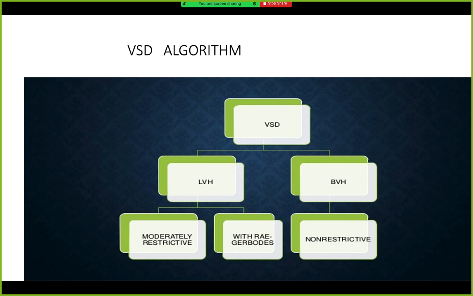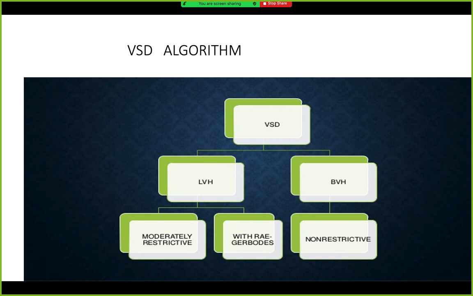Similarly, if you are able to notice, as I had said, in the non-restrictive VSD, simple, think it like that. Why is it non-restrictive? If there is no restriction, the flow is happening on both sides. So that's why there will be biventricular hypertrophy. The LVH will also happen, right ventricular hypertrophy will also happen.